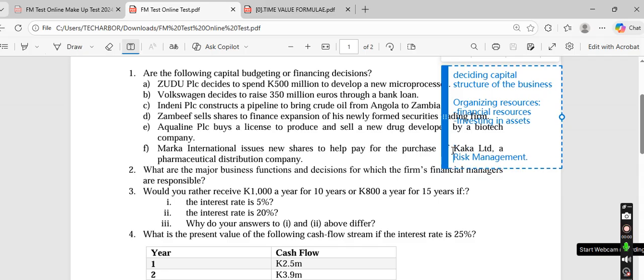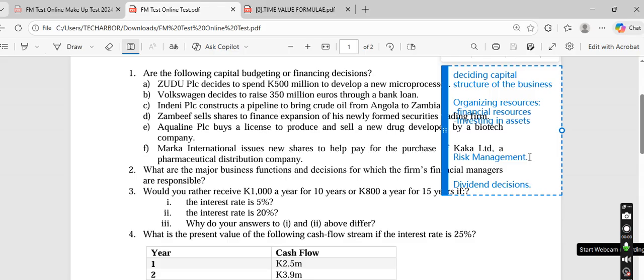How much are the shareholders getting, and stuff like that. Yes, or whether to pay or not to pay the shareholders.